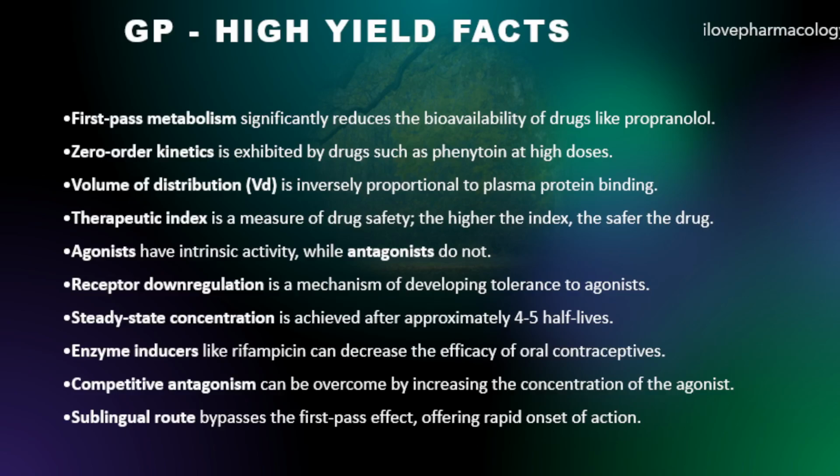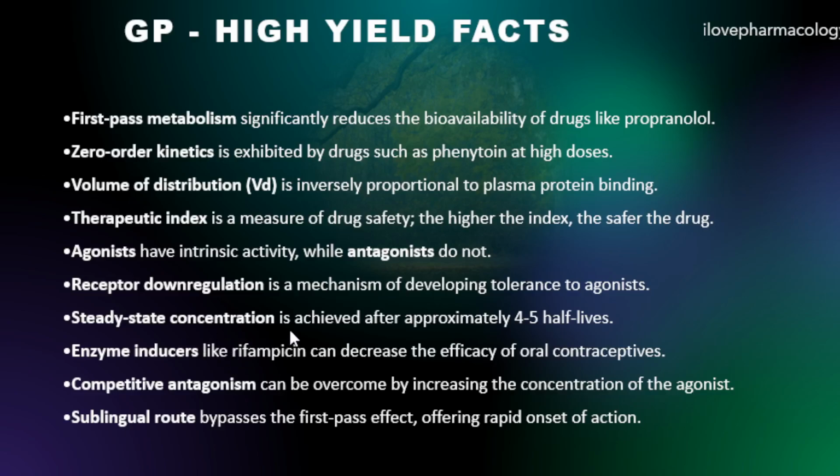the safer the drug. Coming to the agonist, an agonist has intrinsic activity while an antagonist does not have intrinsic activity. What do you understand by receptor downregulation? Receptor downregulation is a mechanism of developing tolerance to the agonist.